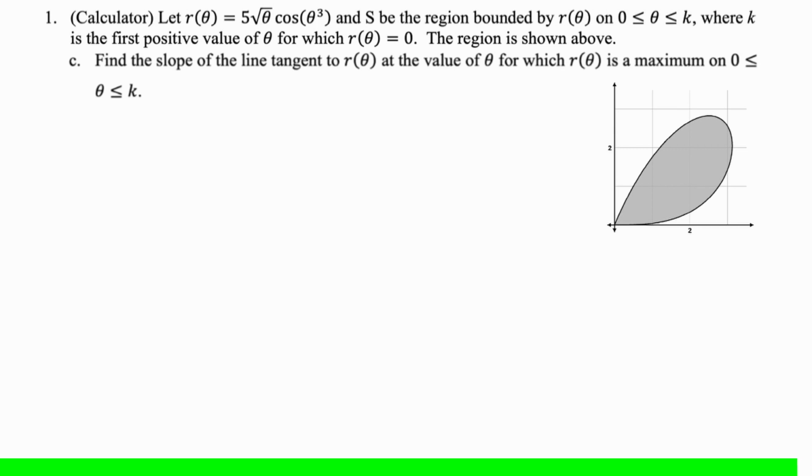Find the slope of the line tangent to r of theta at the value of theta for which r of theta is a maximum on 0 to k. This one's a little more complicated. We have to figure out the maximum. You can see in the picture that there's definitely just one critical point, and that's where we're at a maximum. We need to figure out where r prime is equal to 0. I'm going to use a calculator for that.